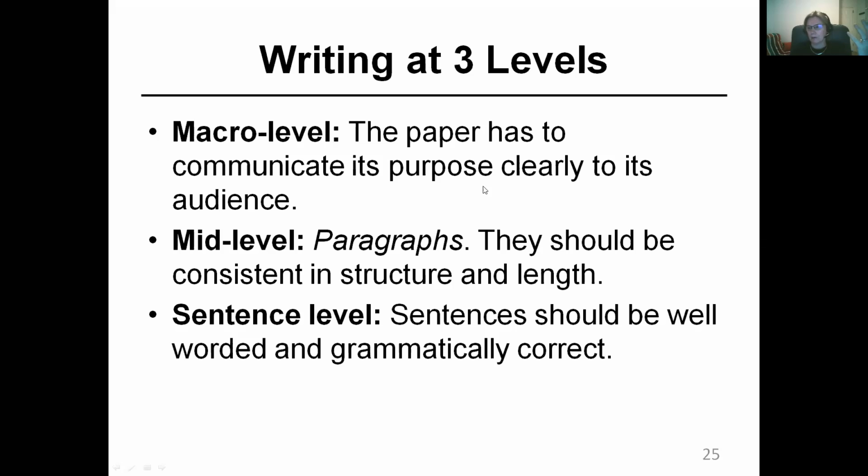And it's called macro because it's the biggest one. But you don't get there from sentences. You get to that level through paragraphs. That's why I keep pushing you to think about paragraphs and to use what I call a square paragraph rule. Because your paragraphs are the ones that lead us to finally understand your paper.